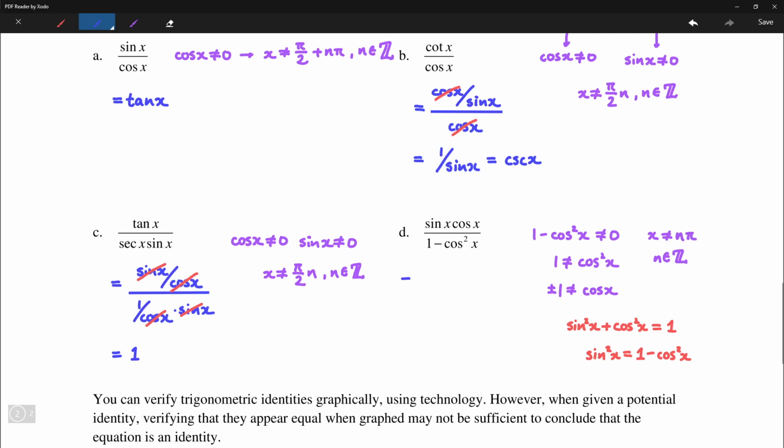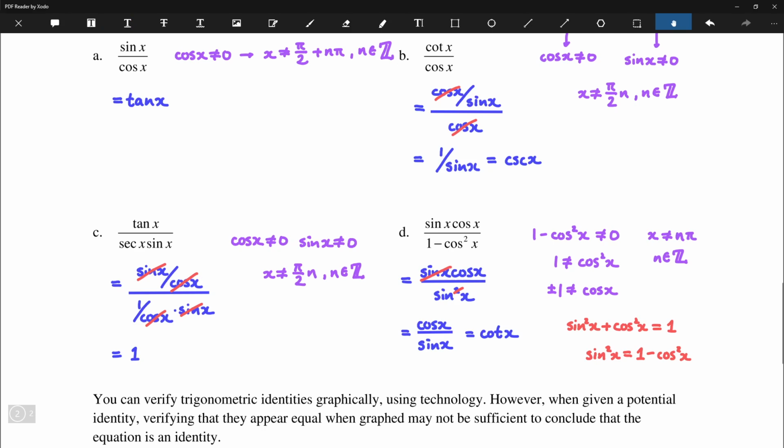So here we can rewrite the expression as sine x cosine x all over sine square x. From here, the sine x will eliminate one factor of sine x in the denominator. So this just simplifies to cosine x over sine x, and we are just going to get cotangent x. And that's it. And of course, x cannot be an integer multiple of pi.